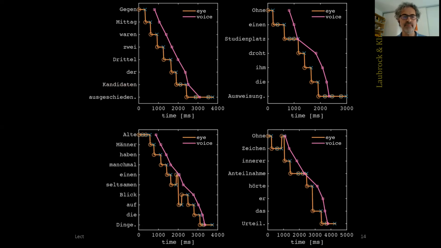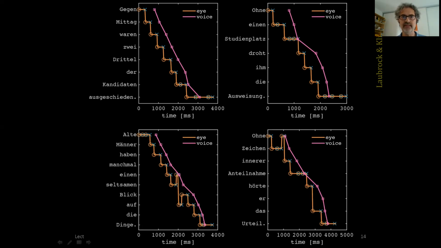Other times what happens is that the eyes may jump a little too far down from the voice, and then they pull back to be closer to the voice so that they remain at a distance of about 1 to 2 words ahead. This is called the eye-voice span, the distance between the word you're looking at and the word you're speaking.